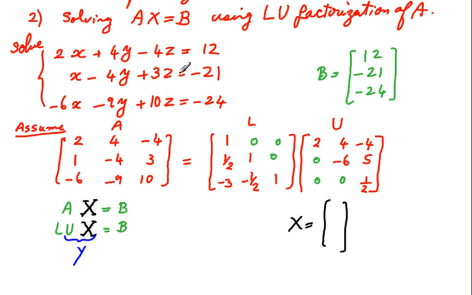They are the ingredients of my unknown vector, the capital X. Okay, that matrix U times these unknown quantities is going to give me some other vector, that is again capital Y.